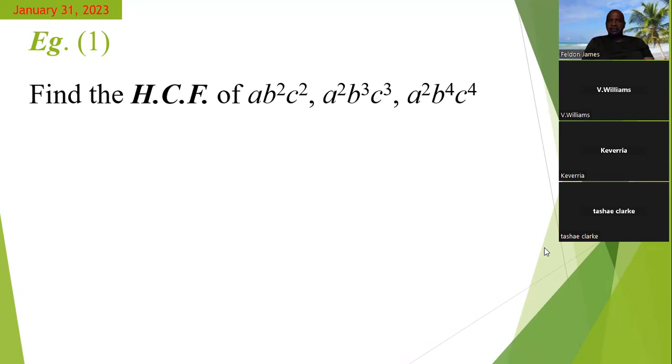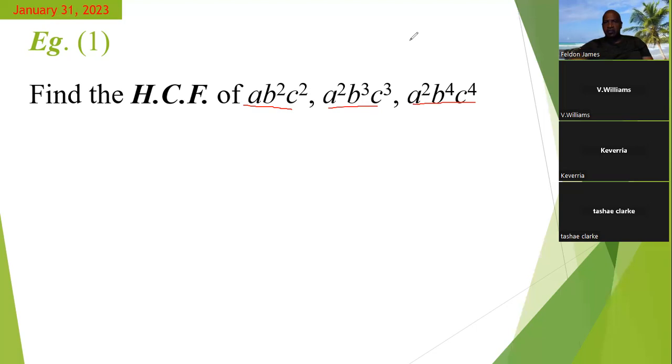All right, so AB squared C squared. Ms. Cabrera, first and foremost, go through and identify the letters that are common to all of the terms. ABC. In this expression, what is common in terms of letters? ABC. So in all the terms, ABC are common.